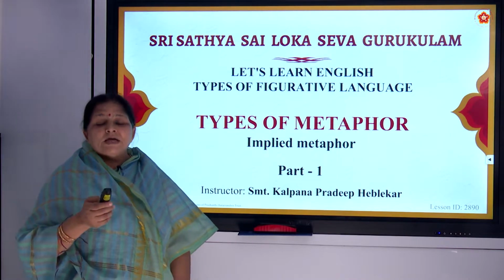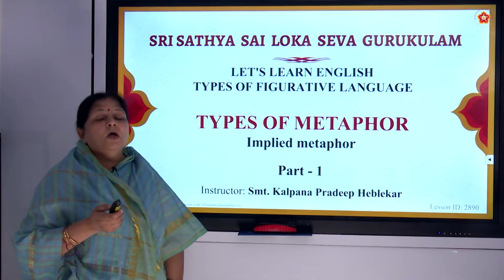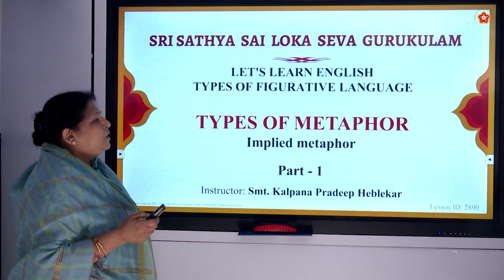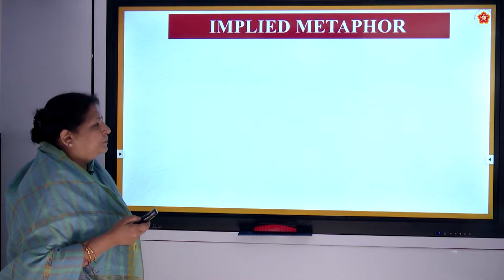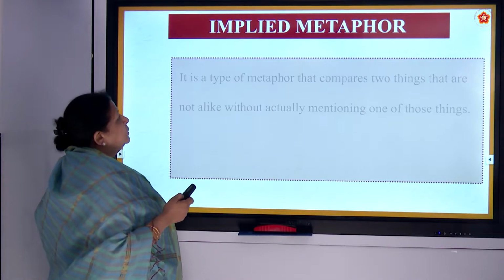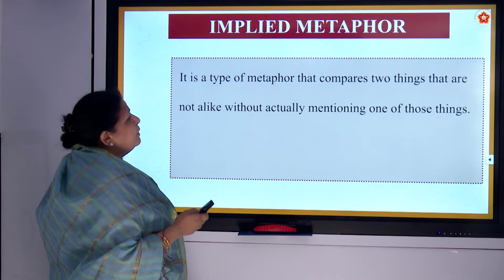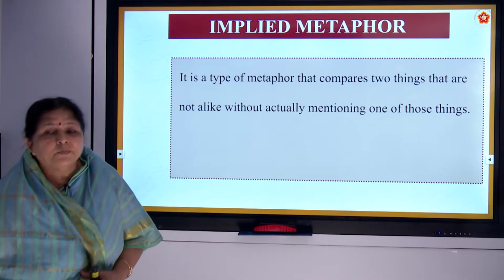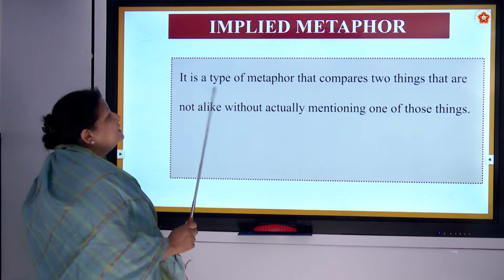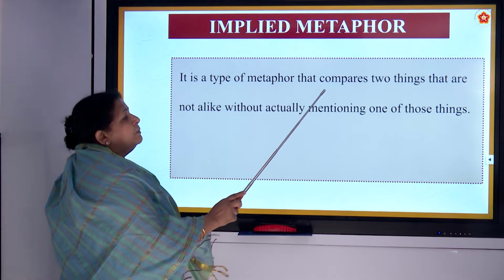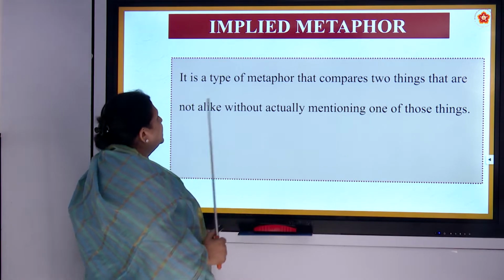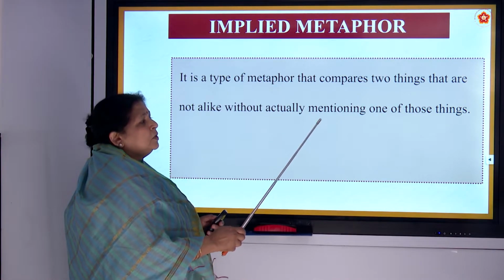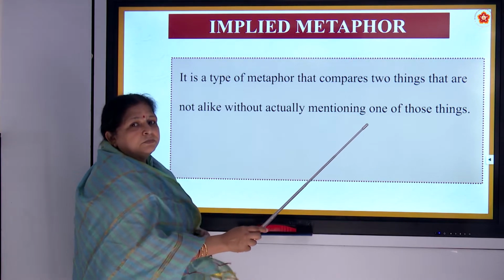Today we are going to do types of metaphor. In the last class we learned what a metaphor is, with some examples. Now we are going to see what an implied metaphor is. It is a type of metaphor that compares two things that are not alike without actually mentioning one of those things.